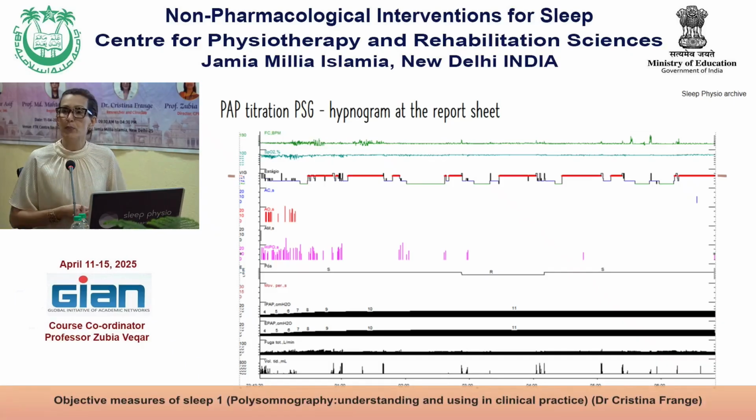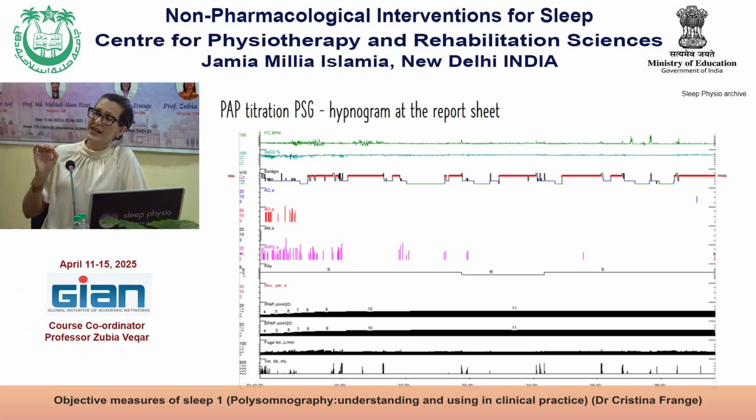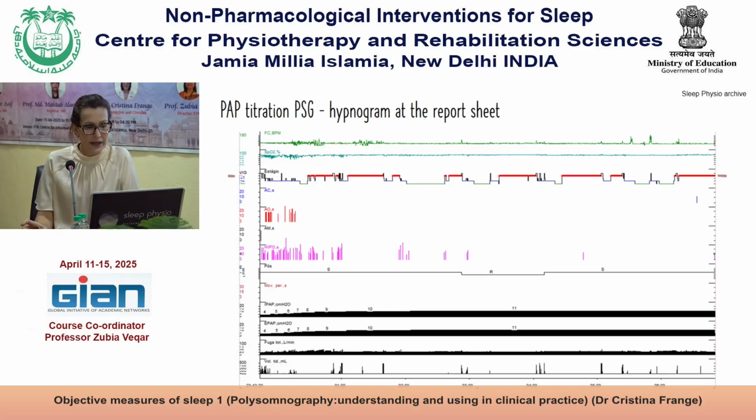But why is this report telling me to set the device at 11? Because there is something that I cannot hear in this exam. Maybe with 10 of pressure, there was still snoring or a little bit of noise in the airway. And with 11 centimeters, it is gone.